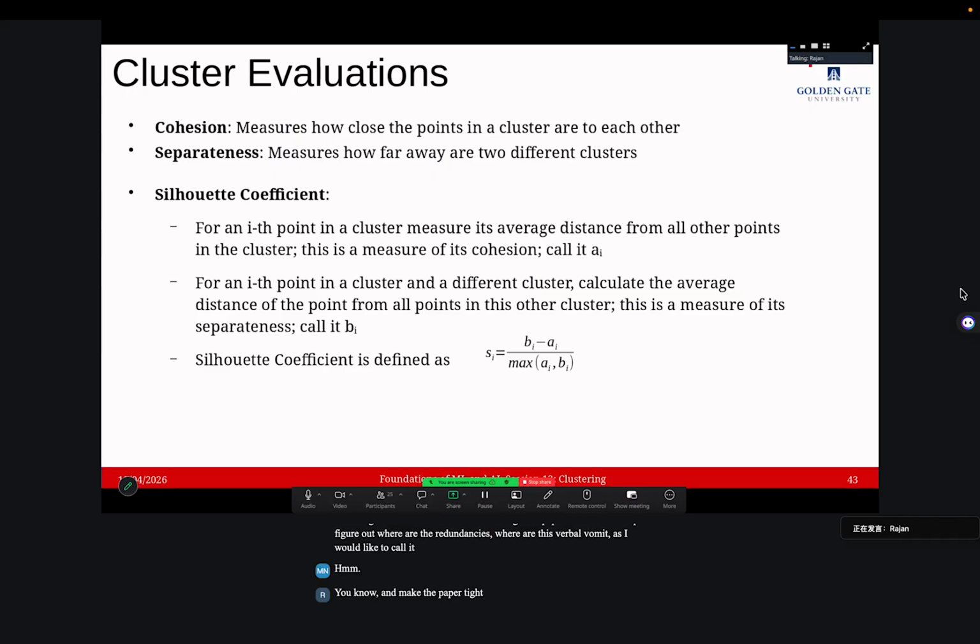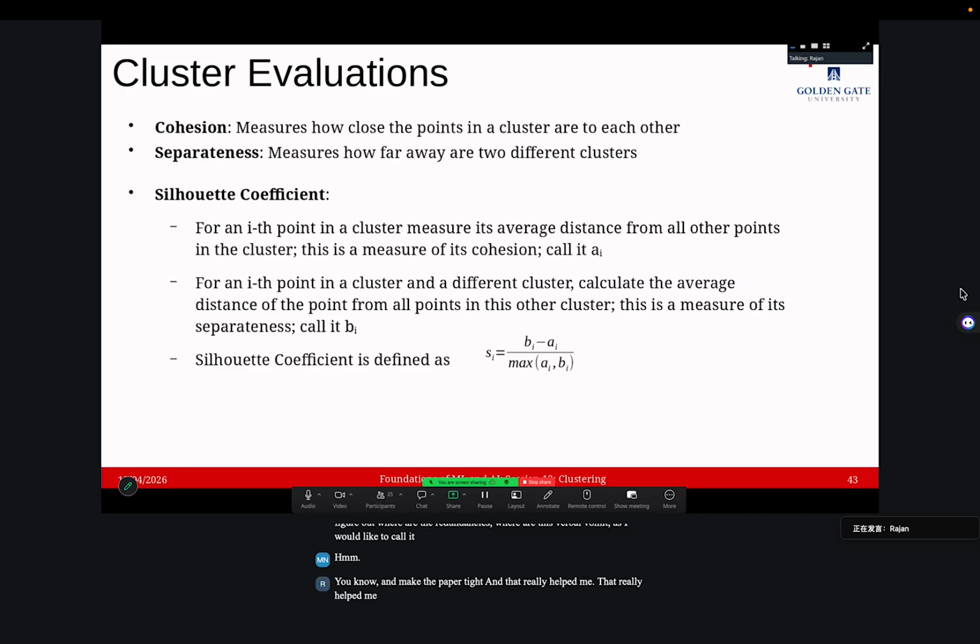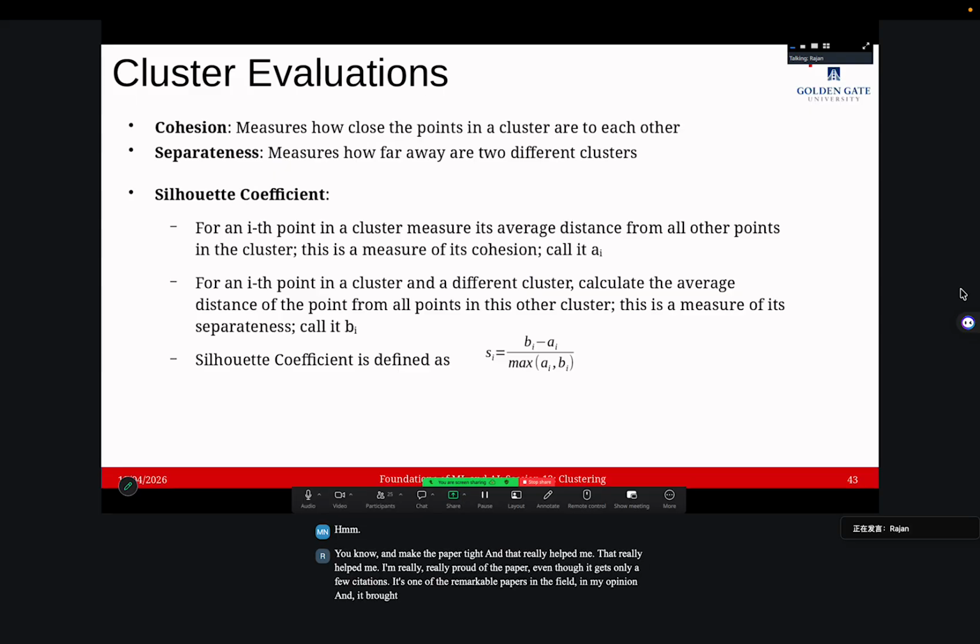That really helped me. I'm really, really proud of the paper, even though it gets only a few citations. It's one of the remarkable papers in that field, in my opinion, and it brought a lot of discipline to my writing. So I would say that 3,000 words is the hard upper limit.